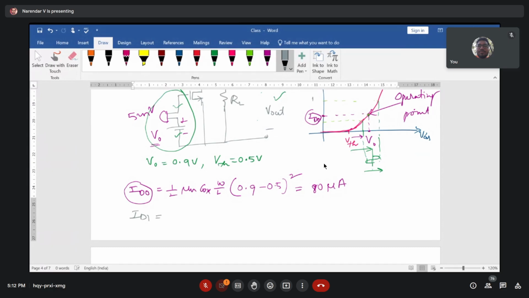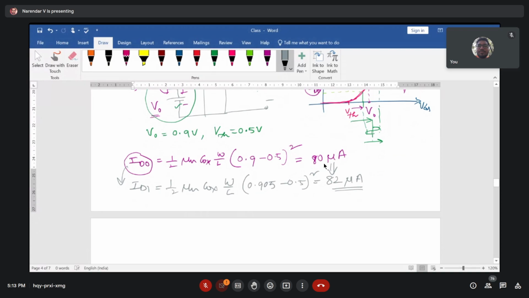So this is treated to be ID1, which is equivalent to half mu n COX W by L, remaining thing same. And here it is analog plus DC, 0.905 minus 0.5, whole square, and it results in 82 microampere, right? So from ID naught to ID1, there is a variation in the current of 2 microampere.